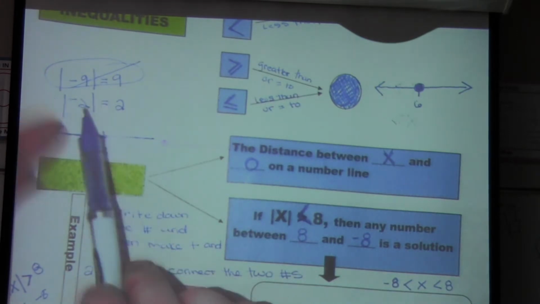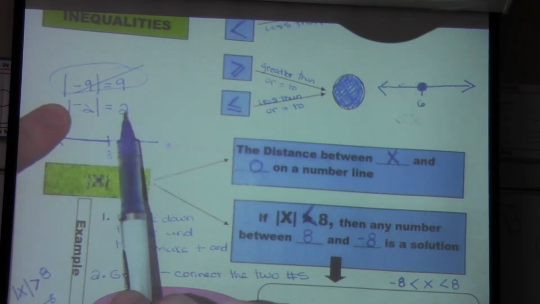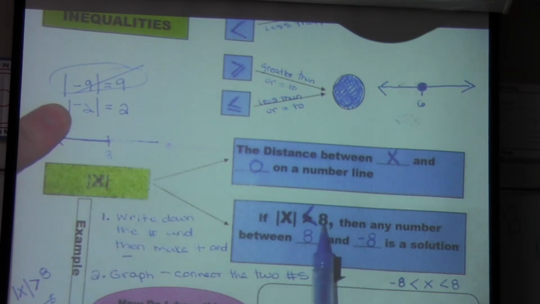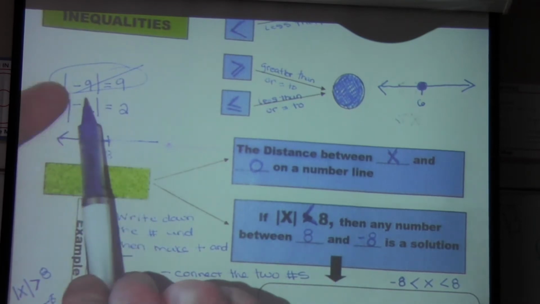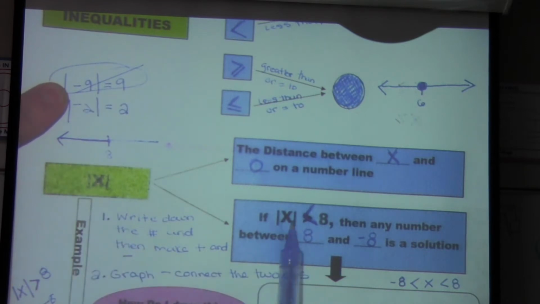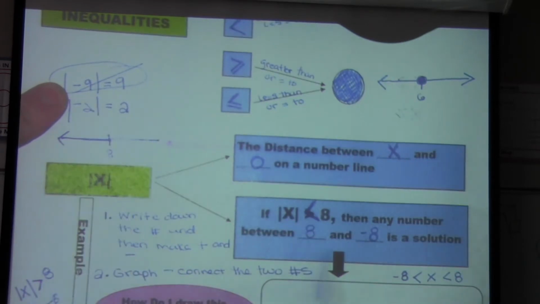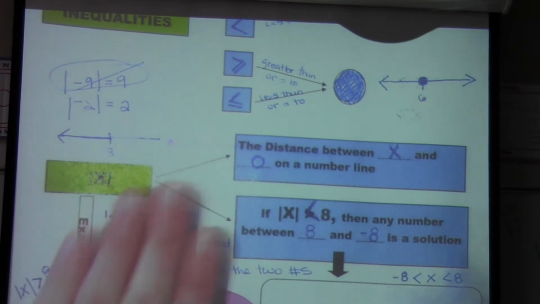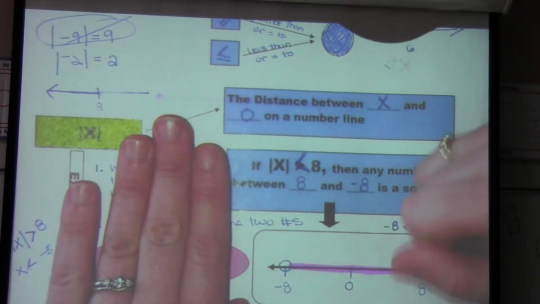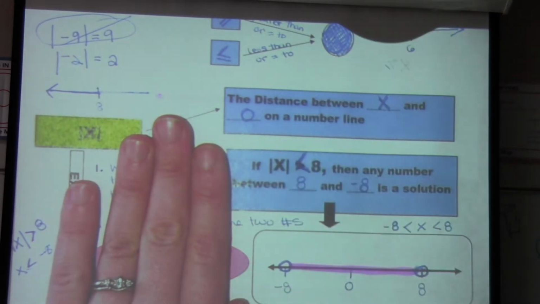If I plug in negative 2, the absolute value is positive 2, which is less than 8. If I plug in negative 9, the absolute value is 9. 9 is not less than 8, so negative 9 is not a solution. To graph it, I put my circle at 8 and my circle at negative 8.